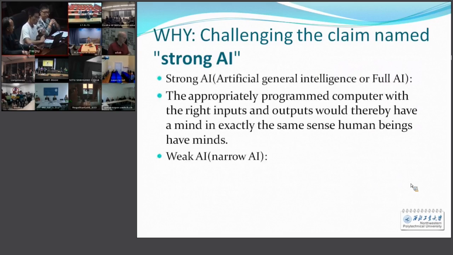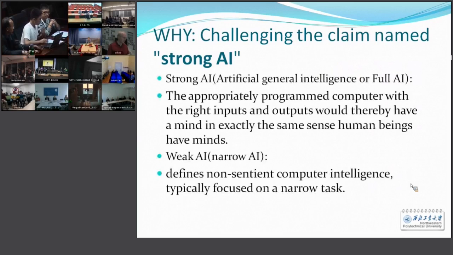The term strong AI was adopted from the name of a position in the philosophy of artificial intelligence, first identified by John Searle as part of his Chinese room argument in 1980. He wanted to distinguish between two different hypotheses about artificial intelligence. One is an artificial intelligence system can think and have a mind.